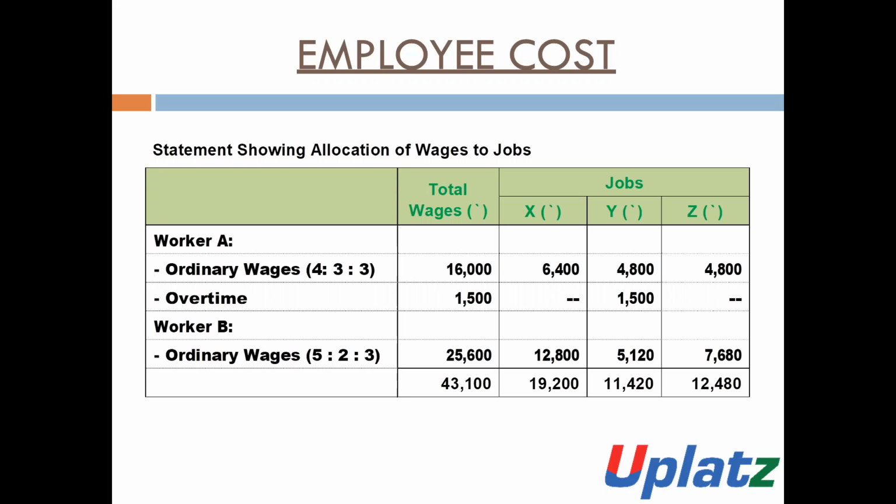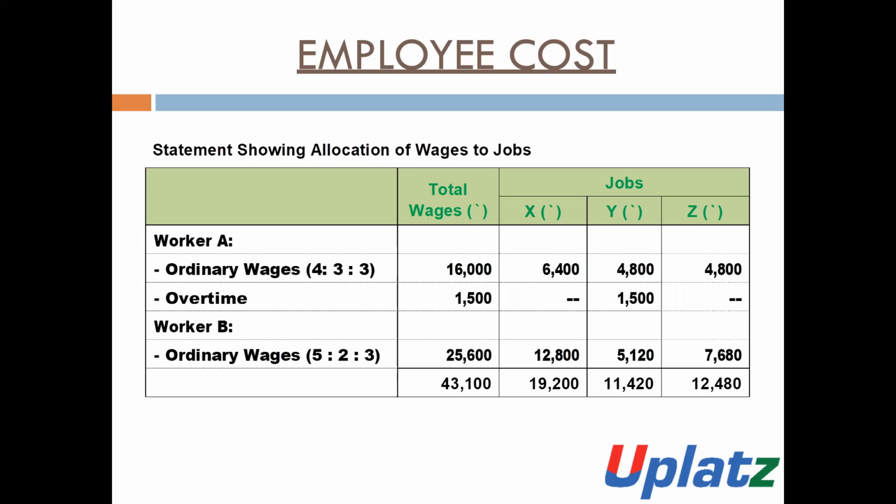And in the case of worker B, the ordinary wages is 25,600 and Mr. B is involved 50% in job X, 20% in job Y, and 30% in job Z. Then the allocation of the wages is to be made according to 5 is to 2 is to 3. Then for job X it is 12,800 and for Y 5,120 and for Z 7,680.